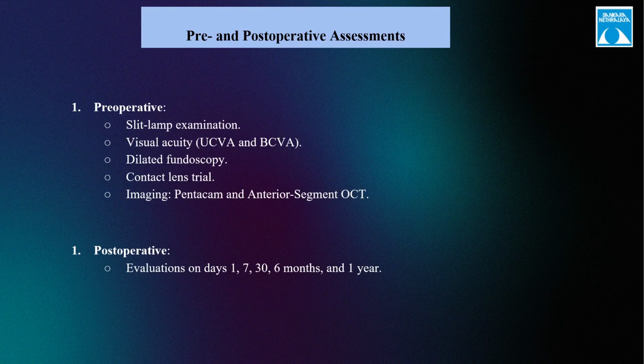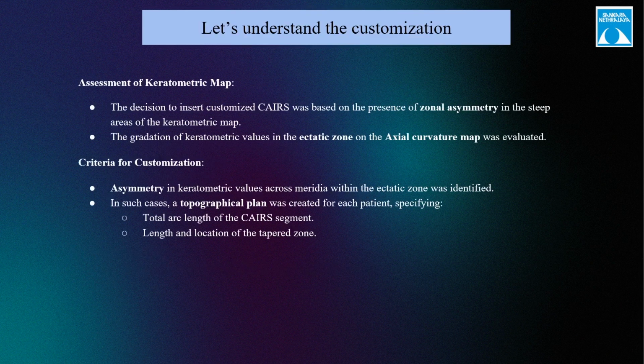Preoperatively, we did a thorough slit lamp examination. The visual acuity, both uncorrected and best corrected, was noted. A fundus examination, a contact lens trial, and imaging by Pentacam and anterior segment OCT were done. Postoperatively, the patients were evaluated on days 1, 7, 30, at 6 months and at 1 year.